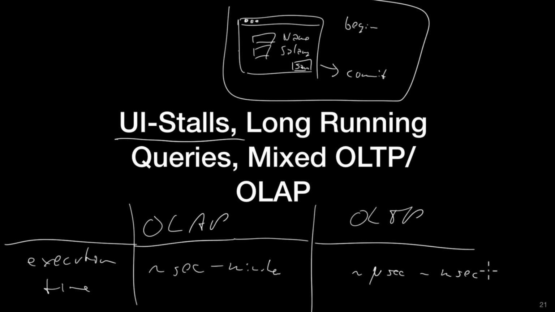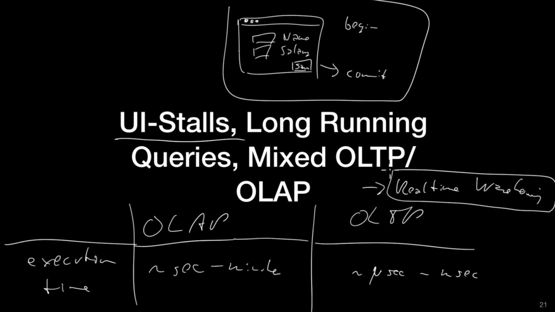And if you want to run those analytical queries that touch large portions of the database together with these OLTP transactions, then yes, this is called mixed OLTP and OLAP, or real-time warehousing. Then you really want to make sure that you implement concurrency control.